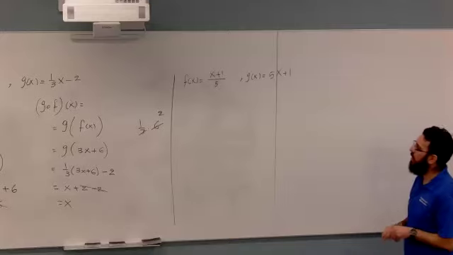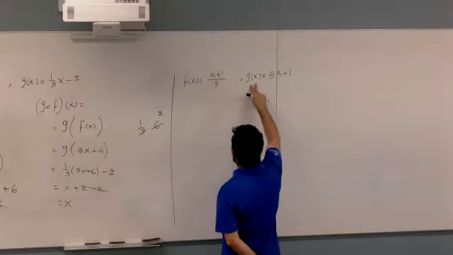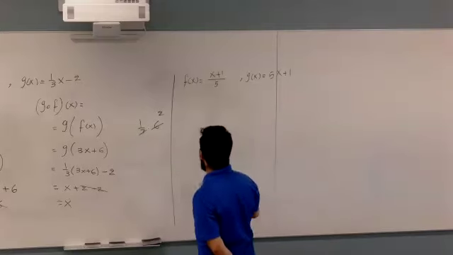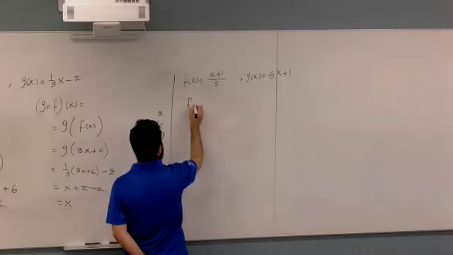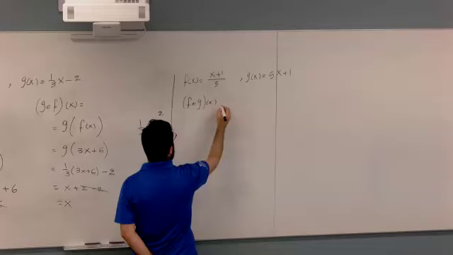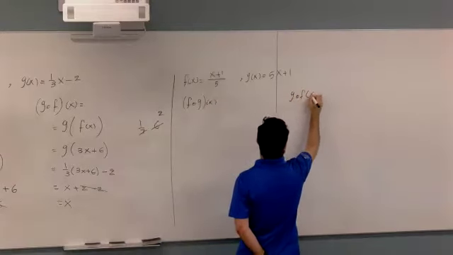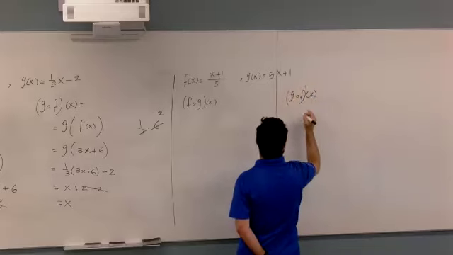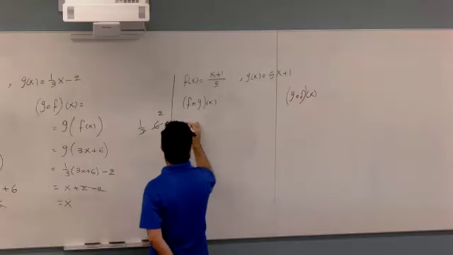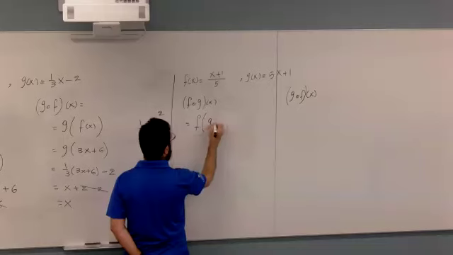So let's see the next one. We have f of x equal x plus 1 over 5 and g of x equal 5x plus 1. So I need to find f composite with g of x, and I need to find g composite with f of x. On this part, f is out. Which one is inside?